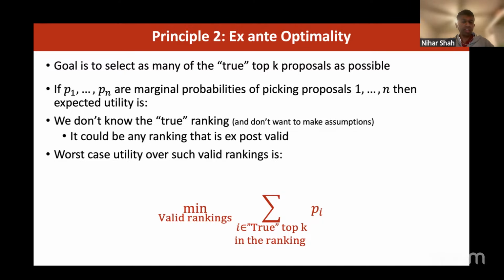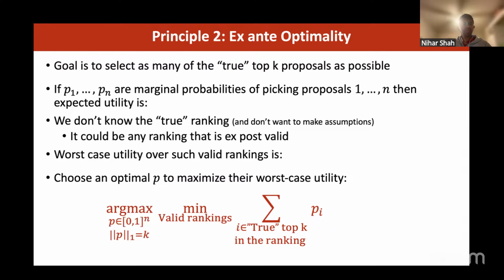That is, you have a min over all rankings that satisfy ex post validity. And finally, we want to choose the probabilities P which maximize this worst case utility. So this is an argmax over P where every entry of P is in [0, 1], and the entries of P sum to K because we want to select K proposals.